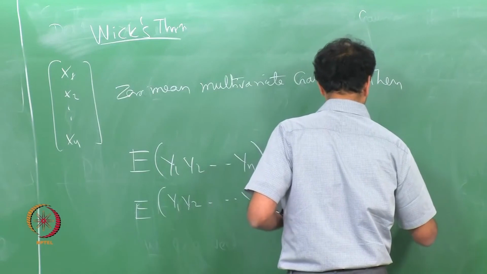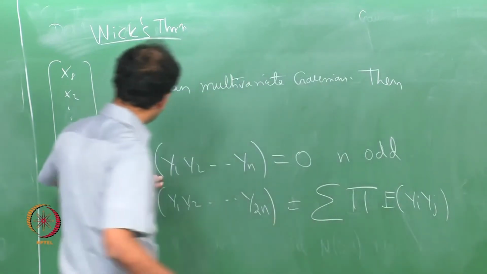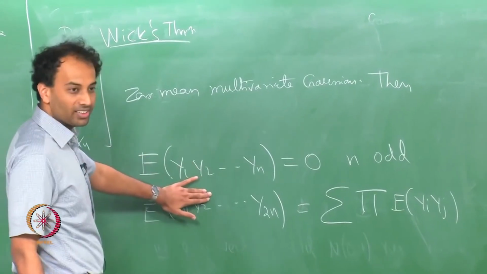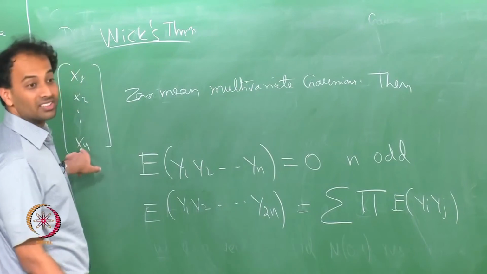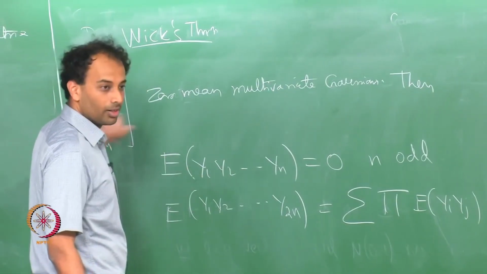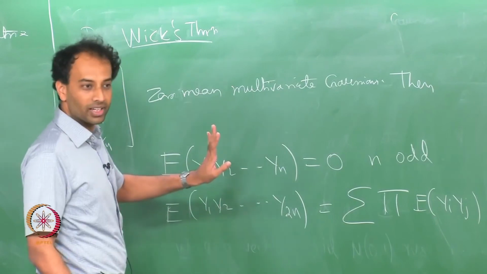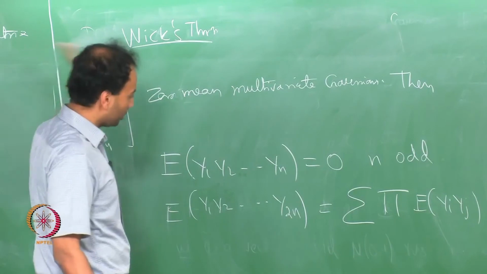of products of expectation of yi yj. The reason I switched from x's to y's is not a mistake: each of these y's could be any of the x's. In y1 you can put x13, y2 can again be x13 if you like, y3 can be x1. You can put it in any way you want.